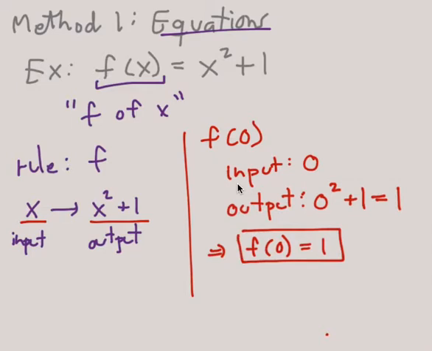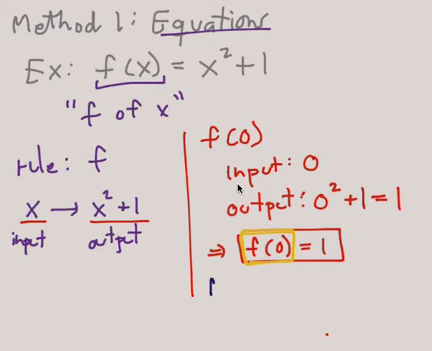It's important to note here that f of 0, when I write this, is not f times 0. To reiterate, it means the value that f assigns to the input of 0. And in this case, that value is 1. Just a couple other examples.